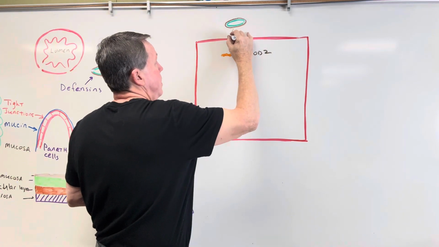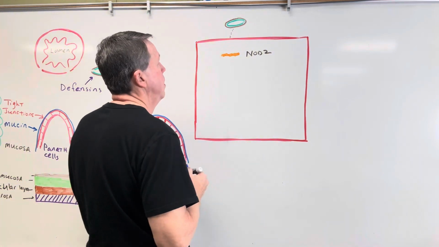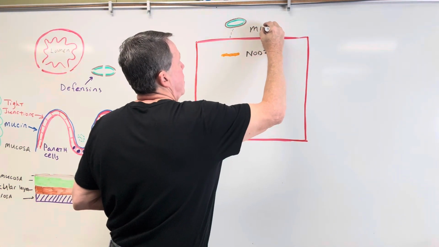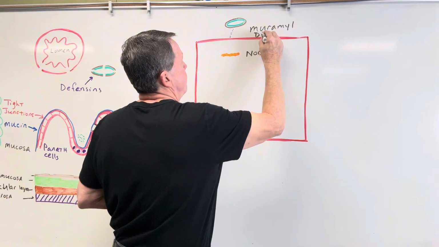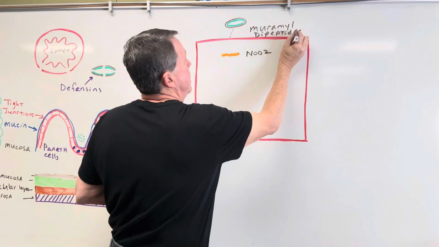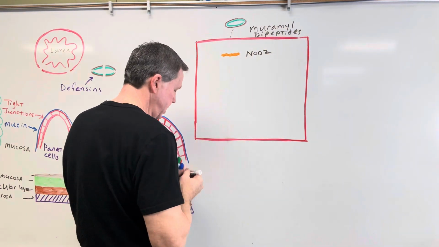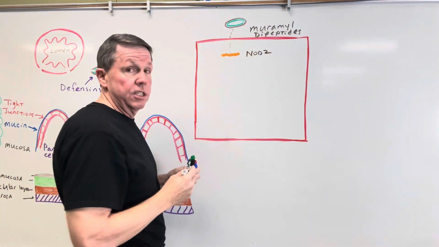A piece of its cell wall is going to come off. We call these pieces monomer dipeptides. And then these are going to enter into the cell, and when they do, they're going to activate this NOD2.